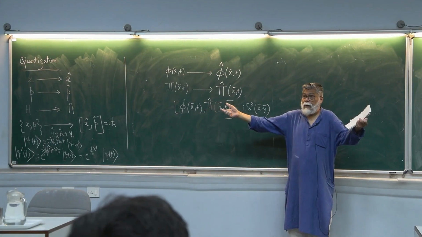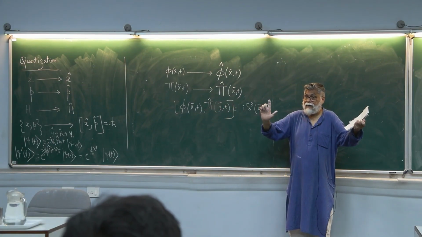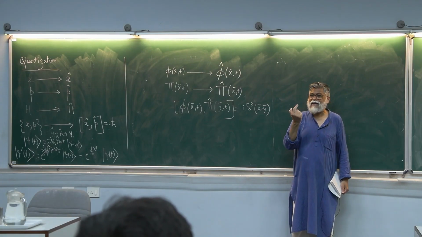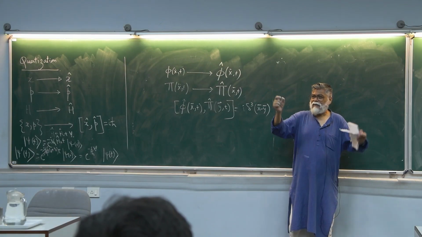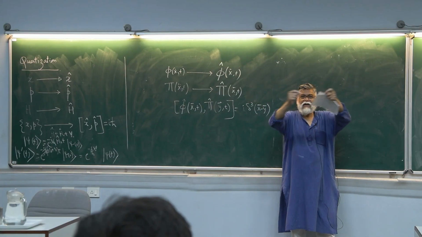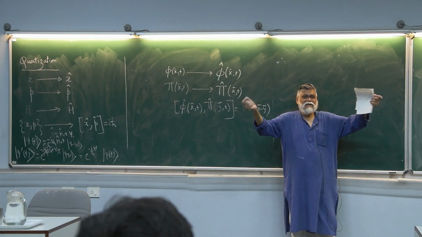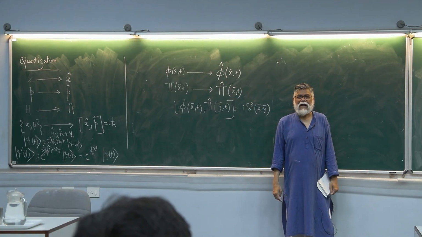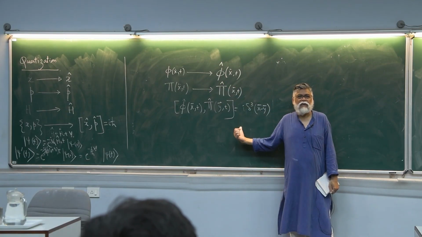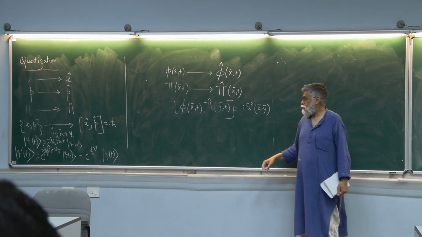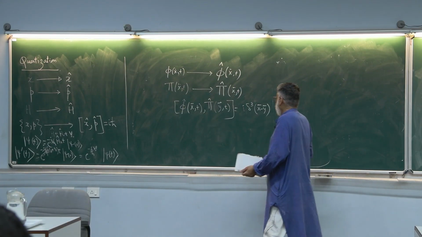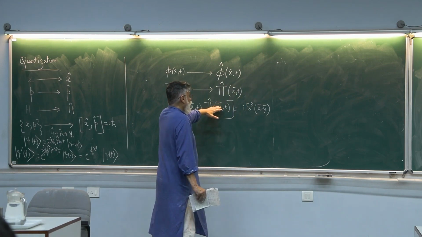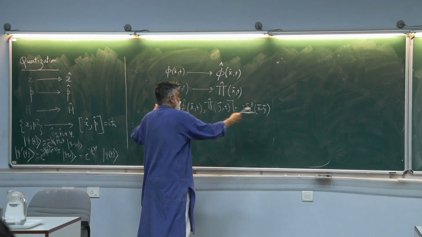I can measure. Is that clear? It is very important. This is called microcausality in field theory: if two observables are not in each other's causal connection, then I should be able to measure them exactly. So this is ensured by this. Right. So now the canonical quantization, this must be imposed.